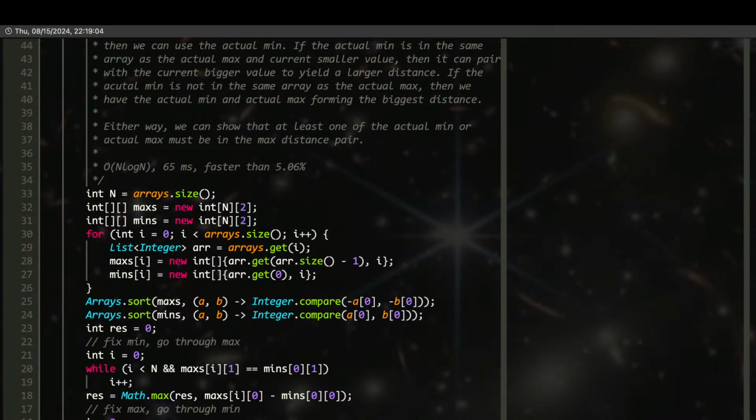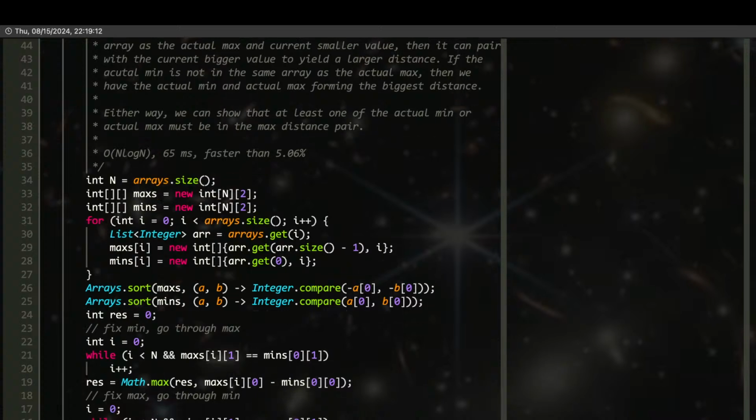The proof for this solution is that the max distance will be generated by some min or max value among the arrays. Let's just say by some min value in the arrays.